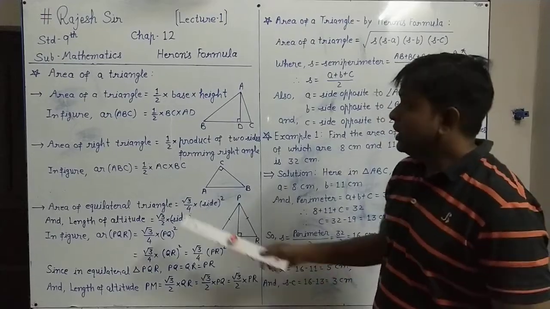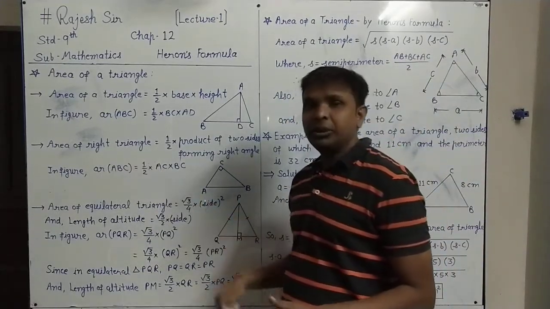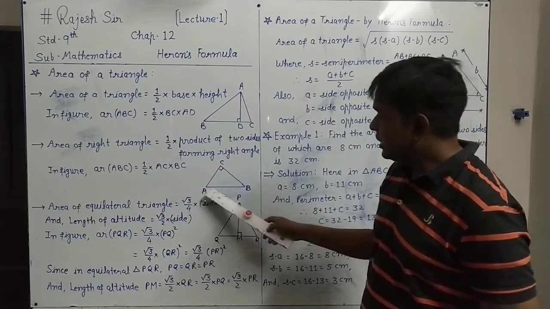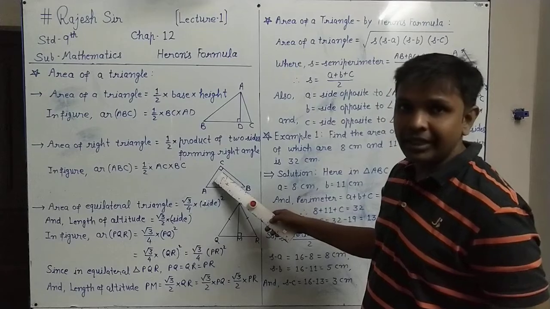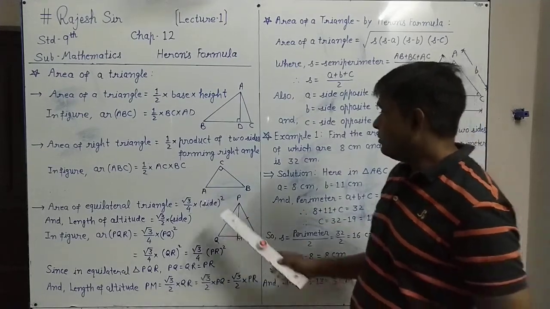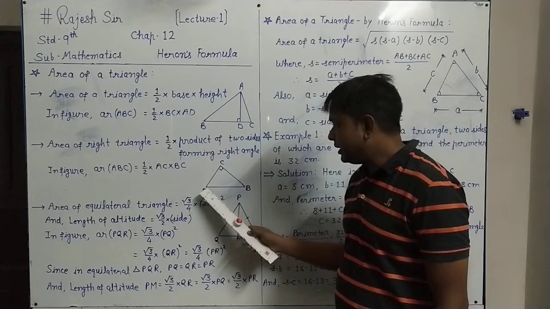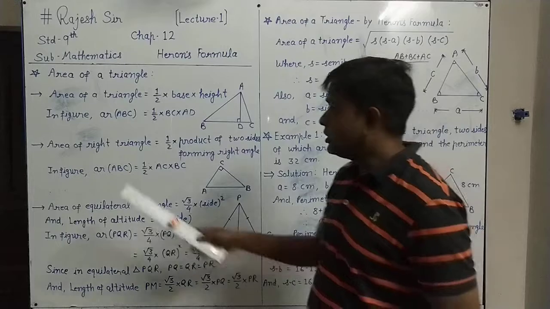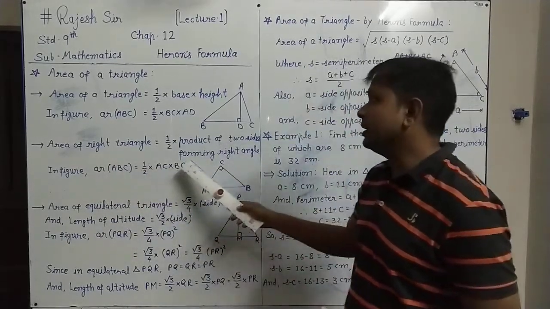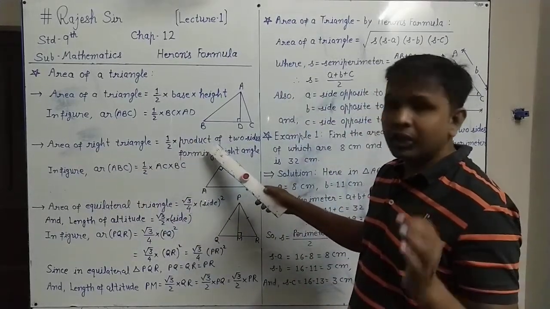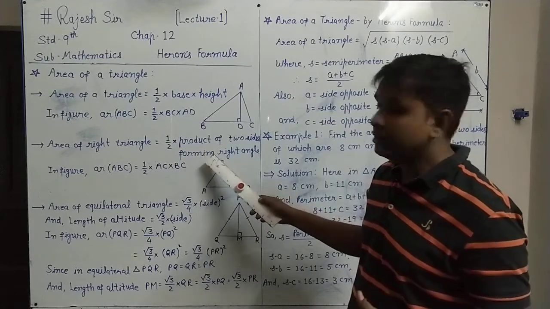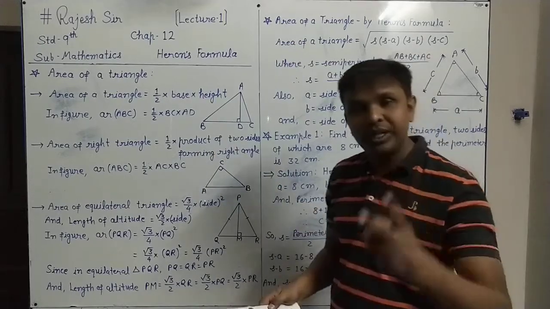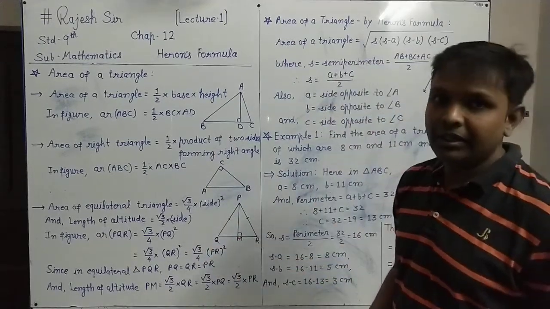Next, area of a right triangle. For a right angle triangle, here we have shown in the figure triangle ABC, and angle C is 90 degrees, so it is a right triangle. Which two sides form the right angle here? AC and BC. So the area of a right triangle equals half into the product, meaning multiplication, of the two sides forming the right angle.